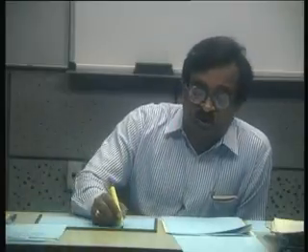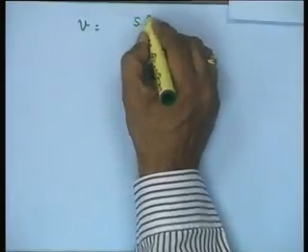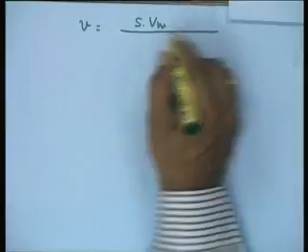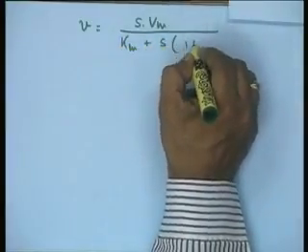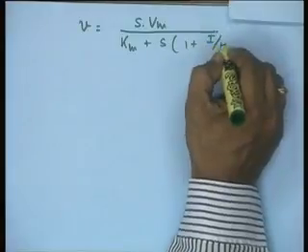Now, in the case of uncompetitive inhibition, the reaction velocity can be written as S into Vm upon Km plus S (1 plus I over Ki).